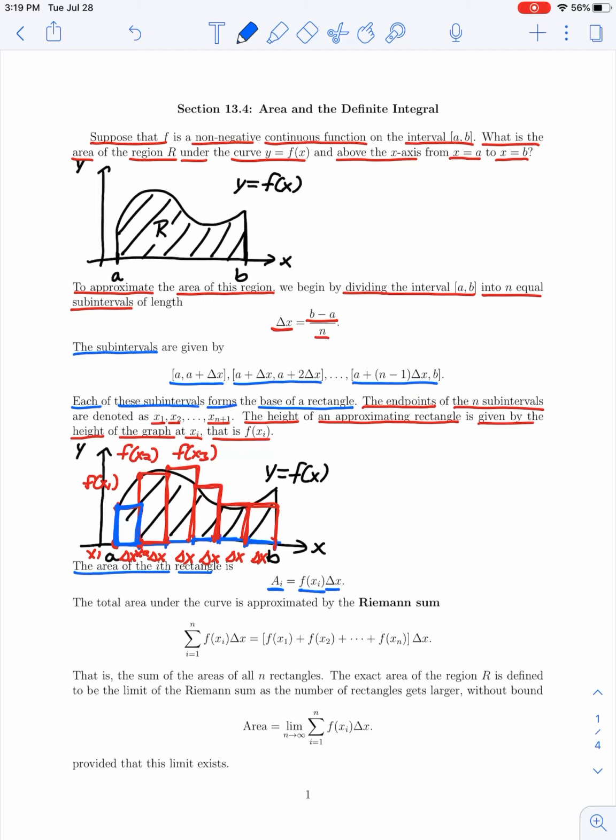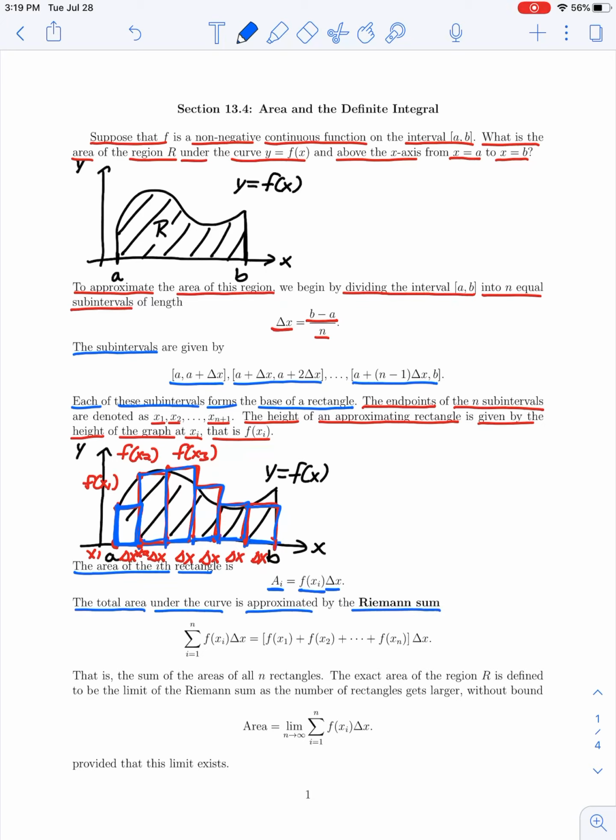So to approximate the area of R, the shaded region that we're interested in, I could add up the area of each of these little rectangles, and it would be an approximation of that shaded area. So here the total area under the curve can be approximated by something called a Riemann sum.